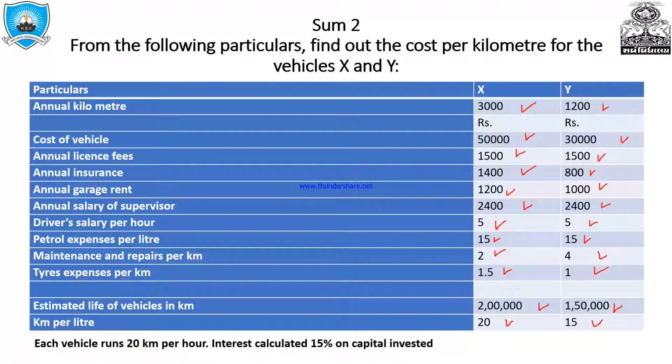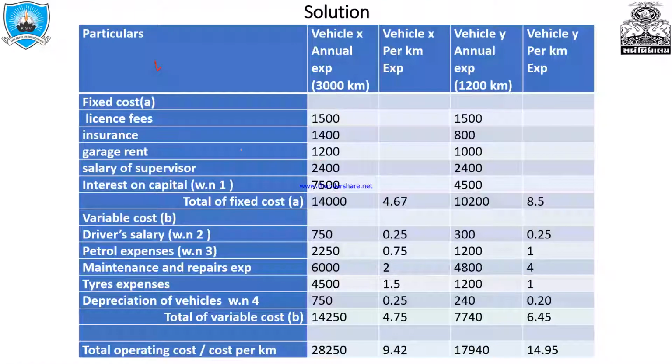Because all expenses are given in annual form. These two columns are for vehicle X, and annual expense and per kilometer expense of vehicle Y are for the vehicle Y columns.